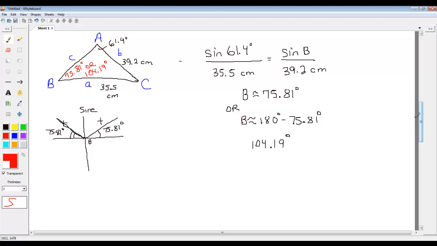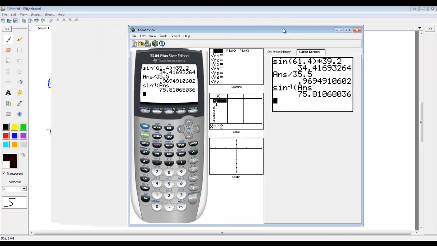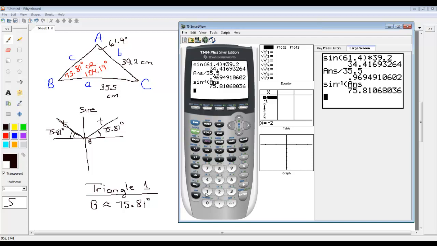Okay, let's solve triangle 1. For triangle 1, we're going to use B being 75.81 degrees. If B is around 75.81 degrees and A is 61.4, let's use our calculators and figure out what the third angle would be.